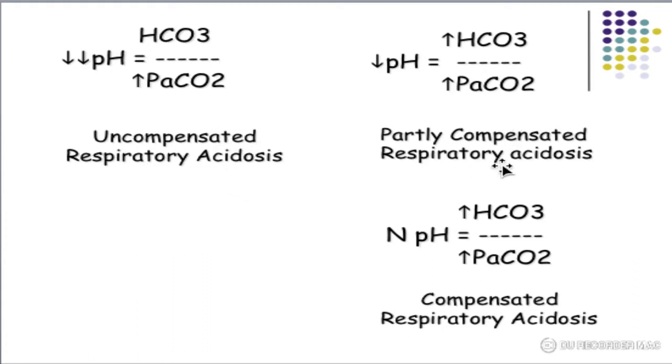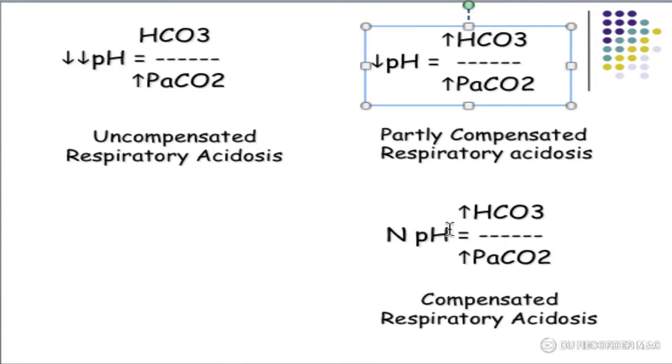If there is a partial compensation, there should be a decrease in pH, an increase in PCO2, and an increase in your bicarbonate.